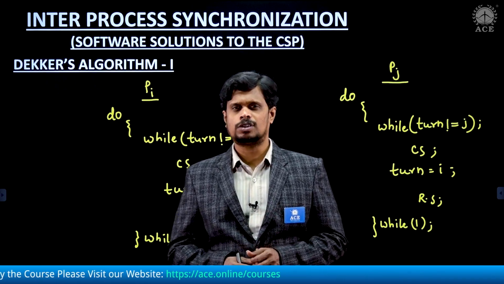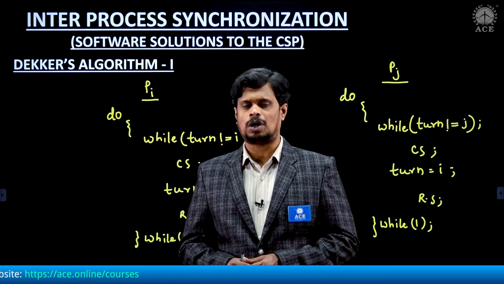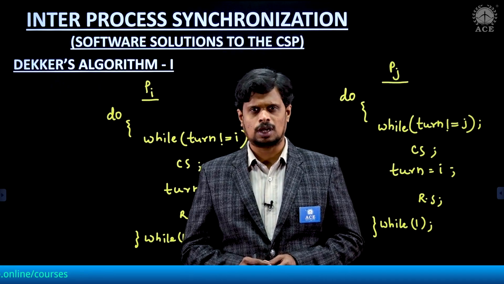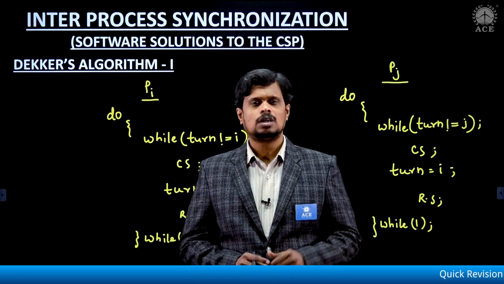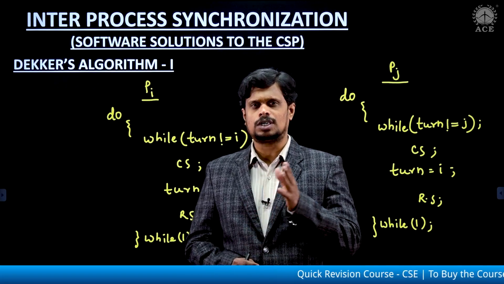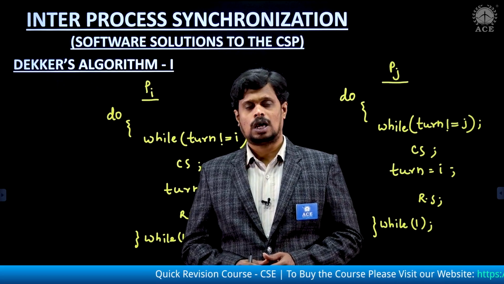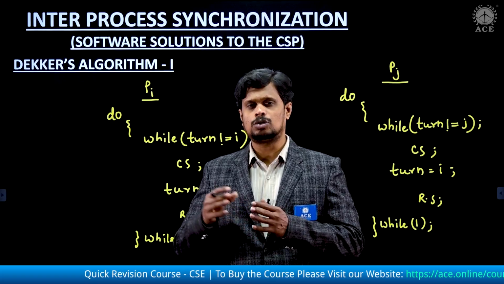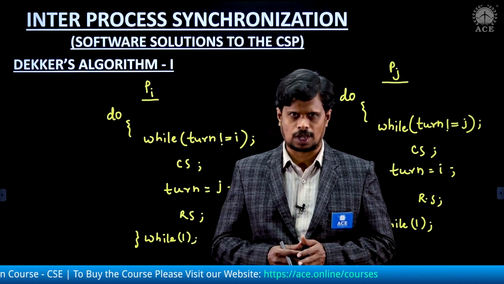So these are the two definitions we have given, but the most usable or most popular definition for progress with respect to the numericals based on process synchronization is: when the critical section is free, if process Pj is trying to enter into the critical section, then it should not be blocked by another process Pi which is working outside of the critical section. This is the popular definition for progress, right?